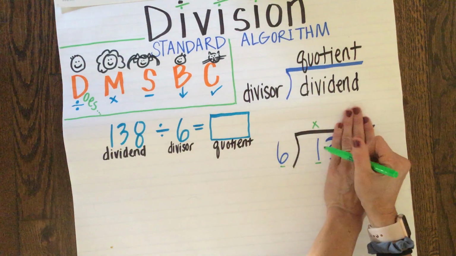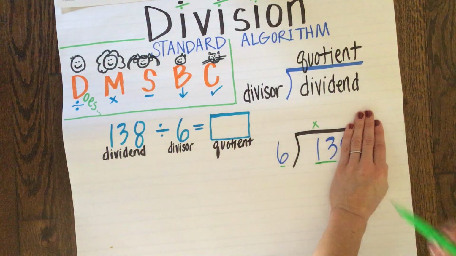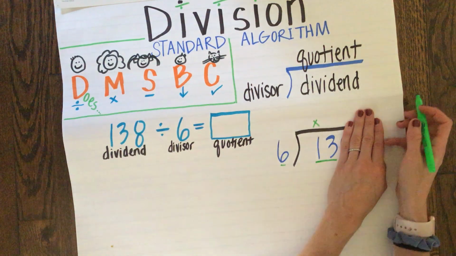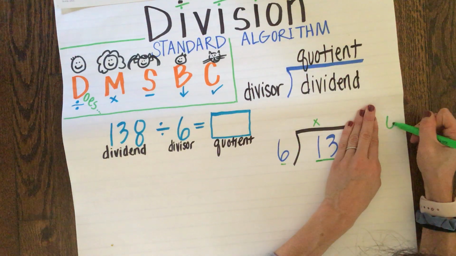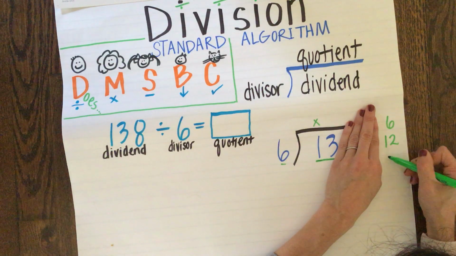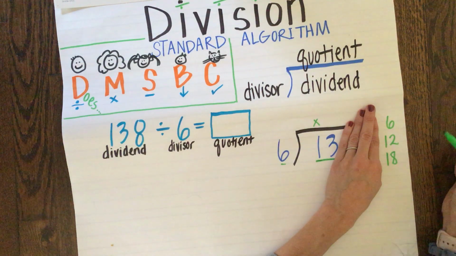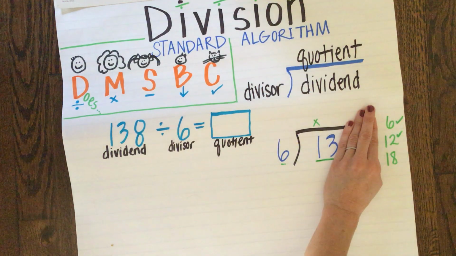Does 6 fit into, well, let's try this whole piece here. Does 6 fit into 13? Yeah, 6 fits into 13. If 6 goes in once, it's 6. Twice is 12, and 3 times is 18. So it fits into 13 2 times.